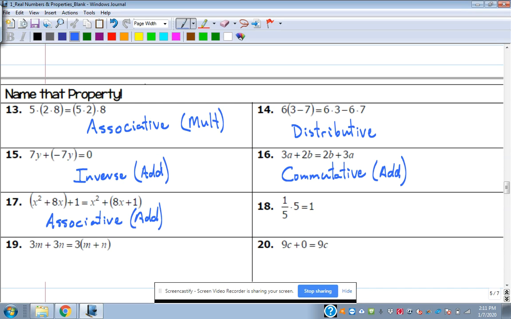18. Look at that side. That's the side that matters. Be an inverse, right? Multiplicative inverse. Reciprocal, another name for that. I want you to kind of try to move over to calling it the inverse. 19.